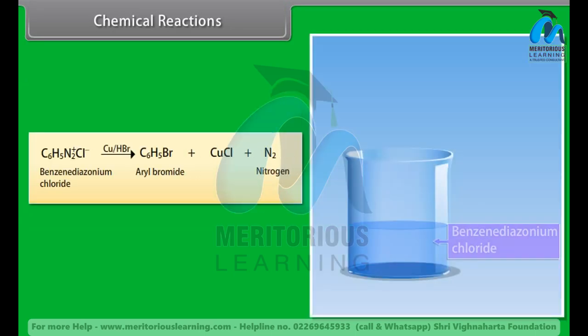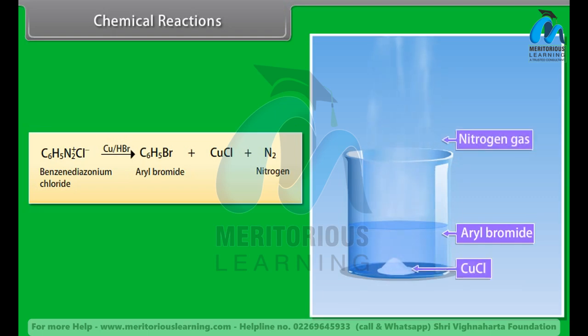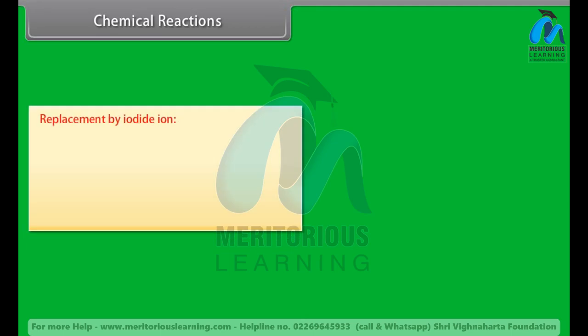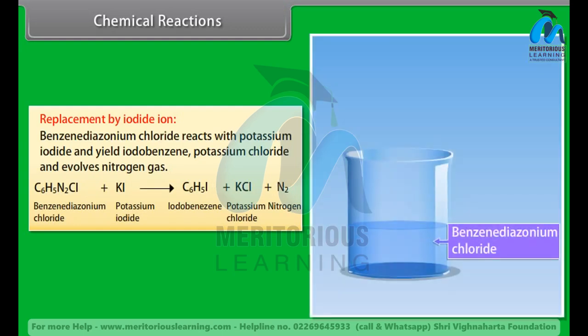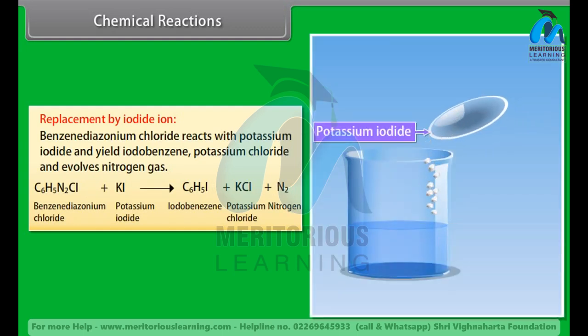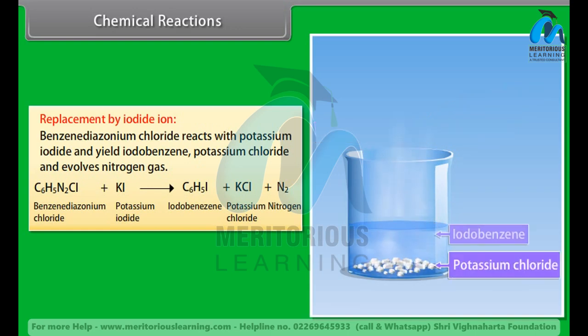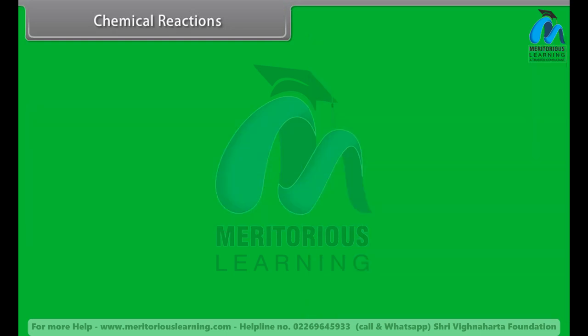Benzene diazonium chloride reacts with hydrogen bromide and copper powder, yielding aryl bromide, cuprous chloride, and liberating nitrogen gas.